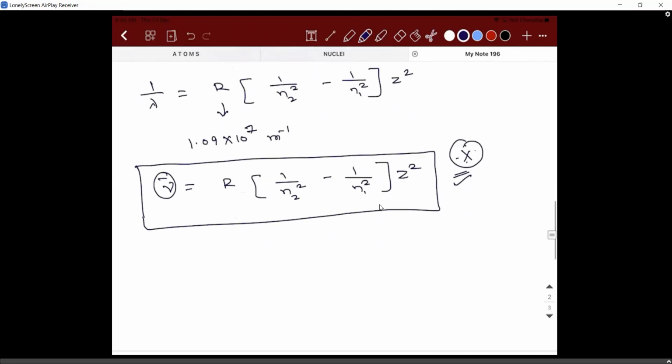For example, if N2 is a higher number, say N2 is equal to 2, 1 by 4 minus 1 is a negative value, and you're saying that wavelength is negative. That should not happen, right? So that is where I got the doubt.